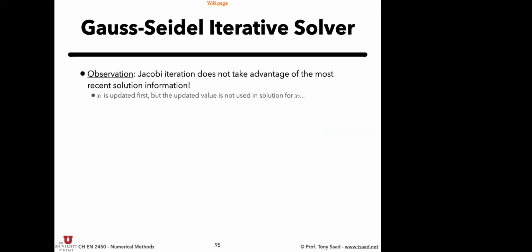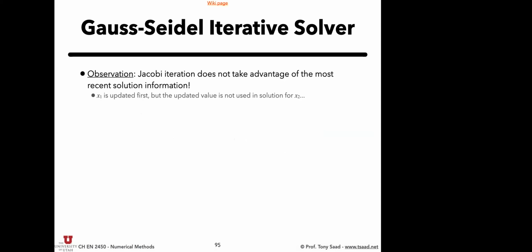Now, if you notice in the Jacobi iteration, when we solved equation 1 for x1, equation 2 for the second unknown, equation 3 for the third unknown, everything that went on the right was using the old values, the initial guess.